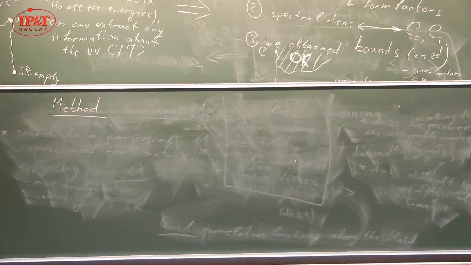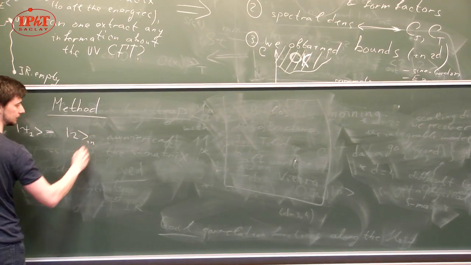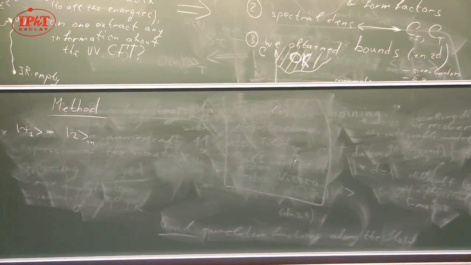So the method. What we'd like to do is to define 3 different states. Let me call them psis. Psi1 is the state which is defined as a 2-particle in state. These particles are assumed to have mass m, so they're all identical particles, and their spin is 0, scalar particles.